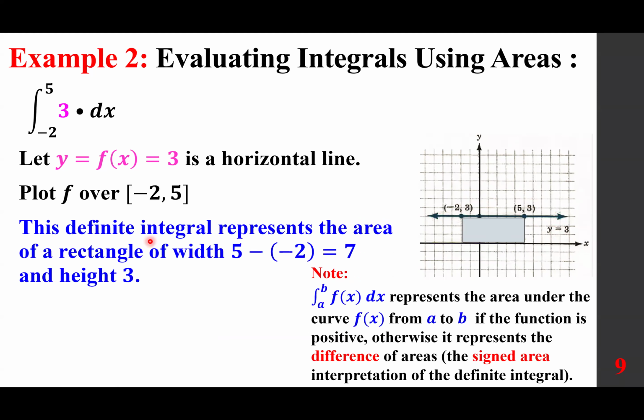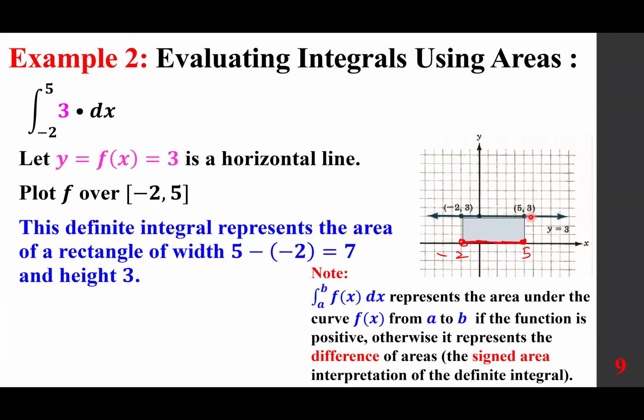So the definite integral represents the area of a rectangle of width 5 minus -2, this width, which is 7.